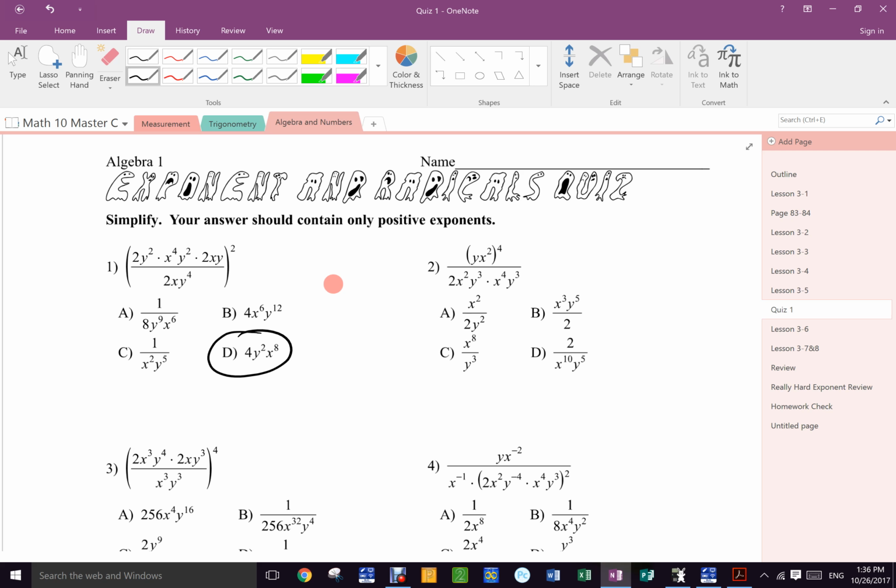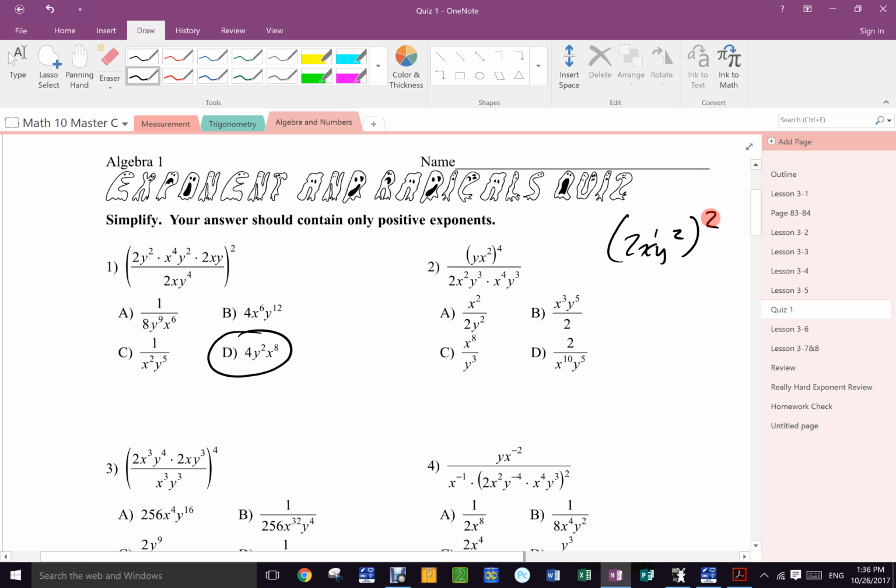Okay, so if it's like 2x and then y squared. Yeah, and then it has a bracket and then 4 again. How is the x supposed to be 2? Does it need to be x squared? This x right here has what exponent? 1.